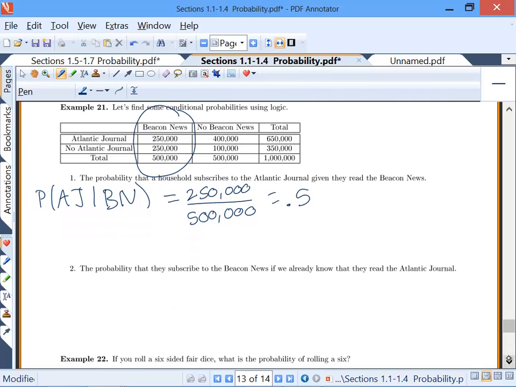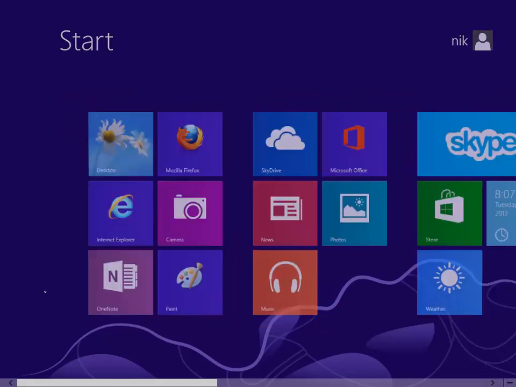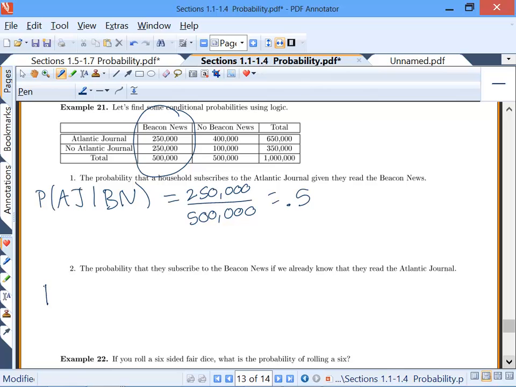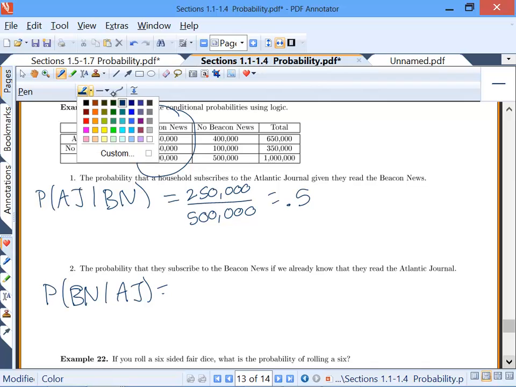So then I might ask you, well, let's try it the other way. So what is the probability that they read the Beacon News if we already know that they read the Atlantic Journal? So this would be the probability that they read the Beacon News if we already know that they read the Atlantic Journal. So for this situation, let's pick a different color. Okay. What am I going to be focusing on now? The first row, the people that read the Atlantic Journal.